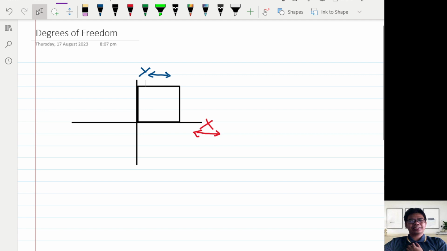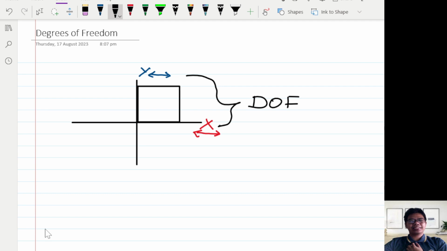Then, in this context, x and y become the degrees of freedom, or the DOF, of our object.